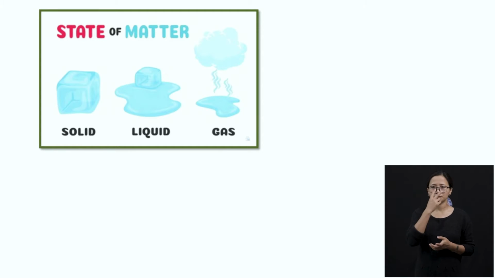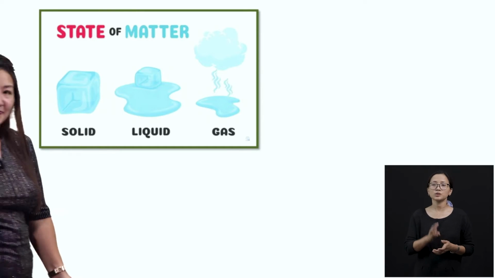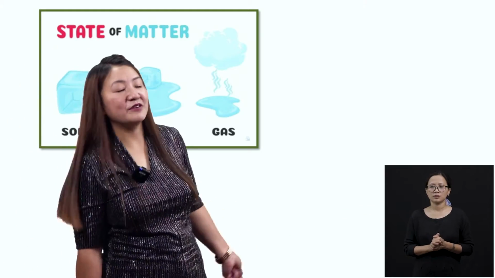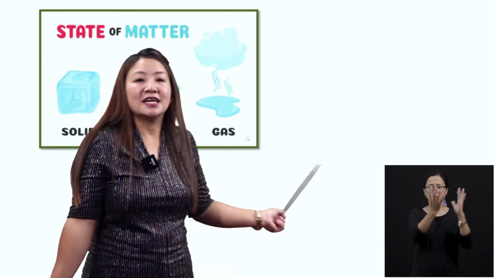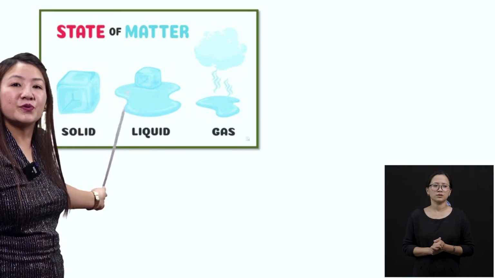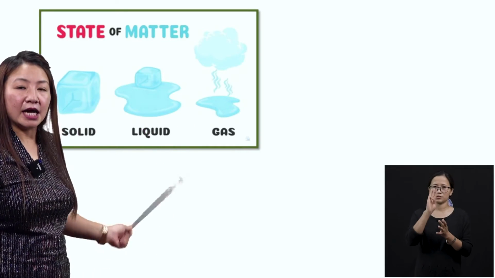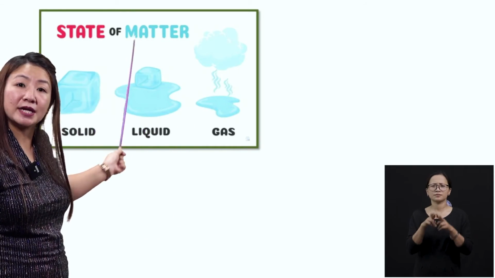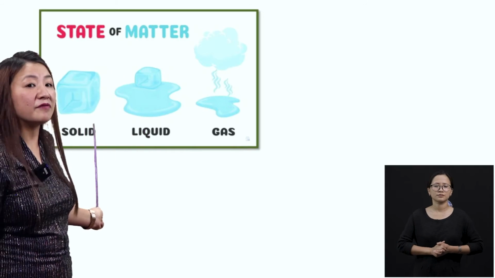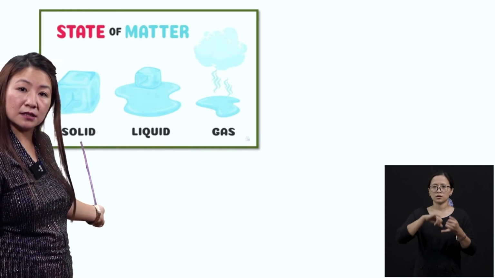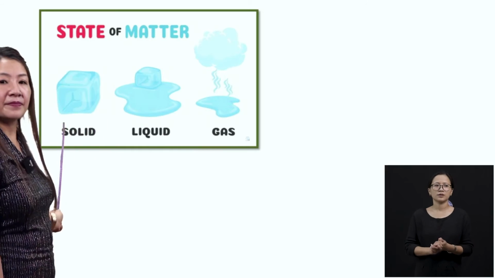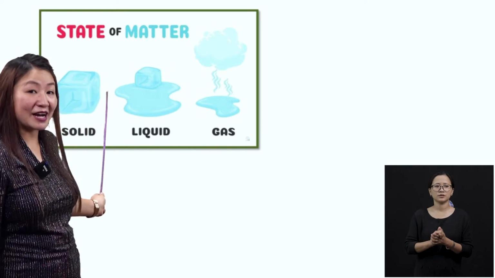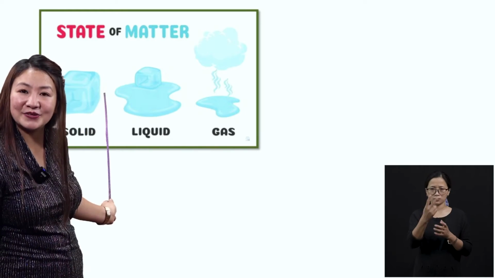Now let us see water. Water is a universal solvent. It can be found in three states of matter: in the form of solid, liquid, and gas. Have you seen solid water, children?